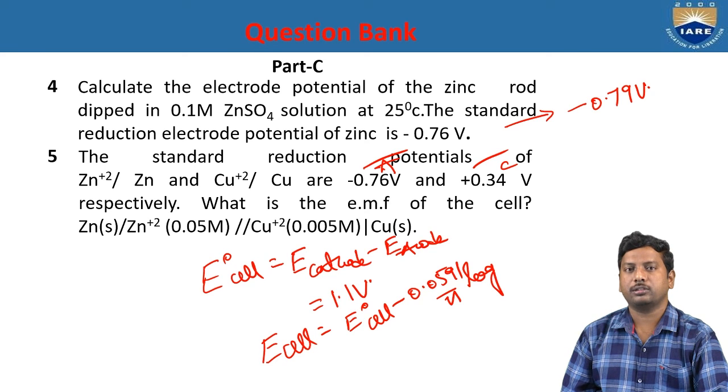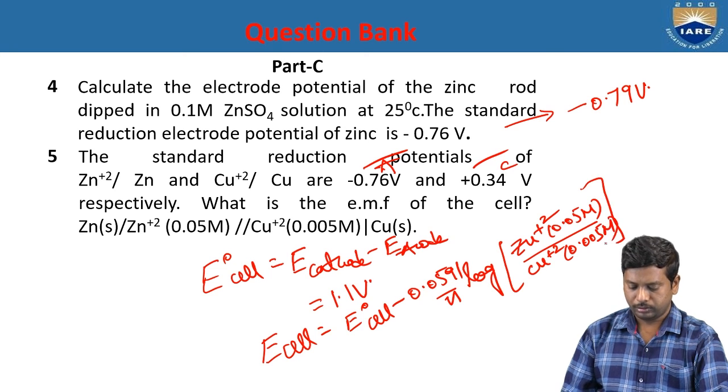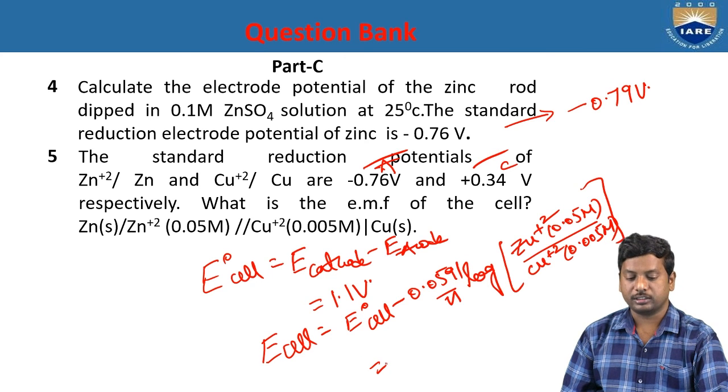So that means when the zinc rod is dipped in 0.05 molar and the copper rod dipped in 0.0005 molar, finally we got the answer equal to 1.07 volts.